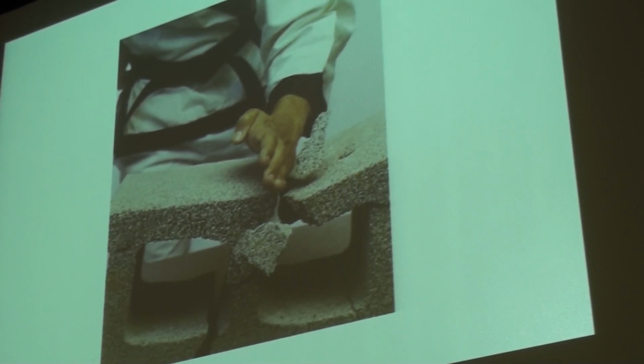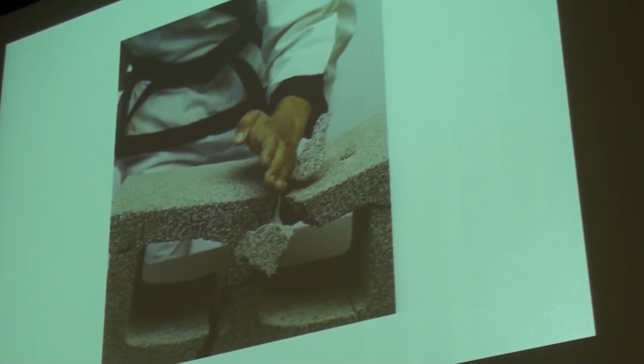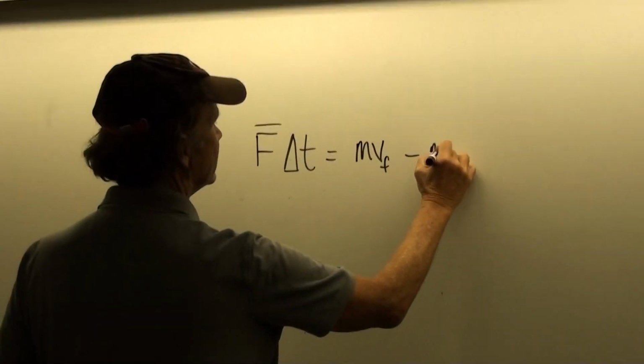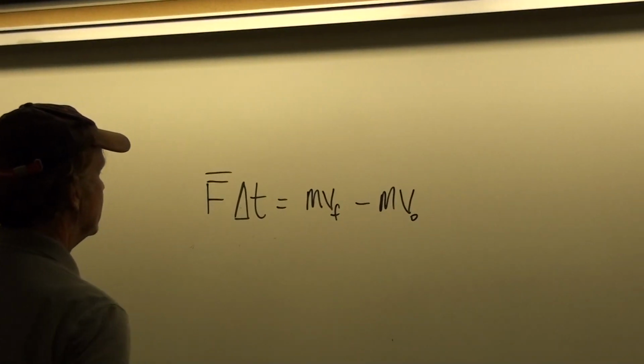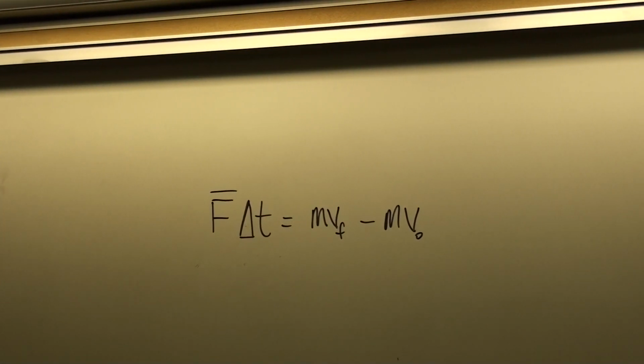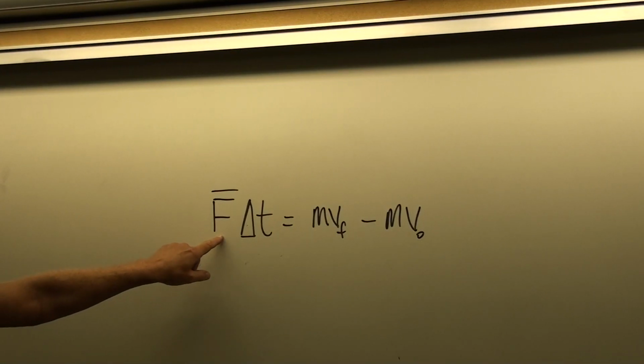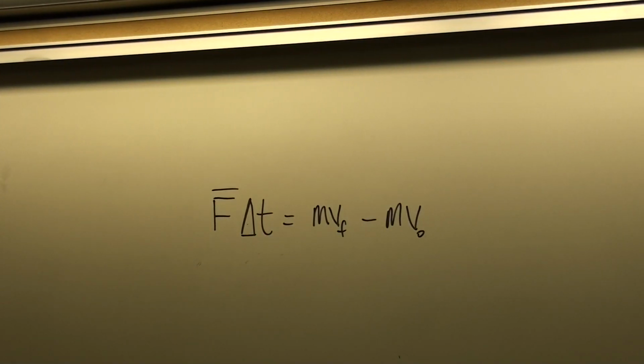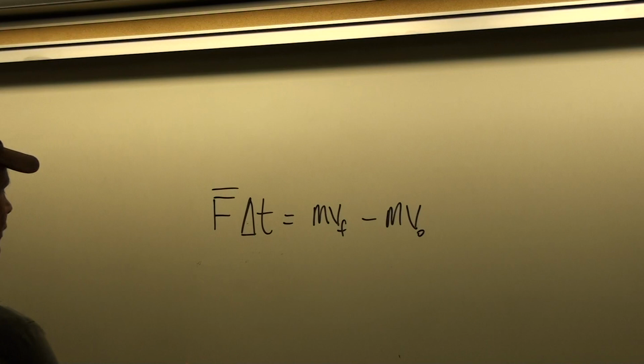And so the way that we could imagine this is to think in terms of the average force that's acting and the amount of time over which the force acts. And remember that that's equal to m v final minus m v initial. Okay, so what if you were trying to impart a huge force to that brick?